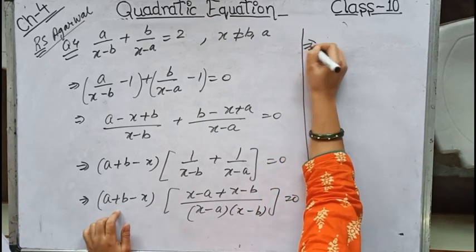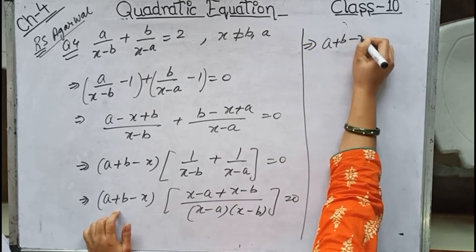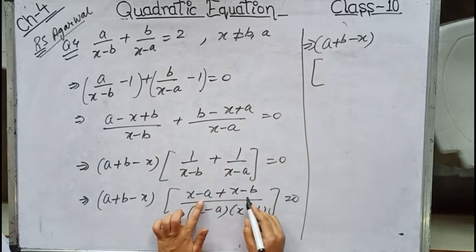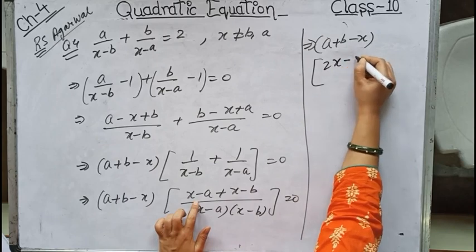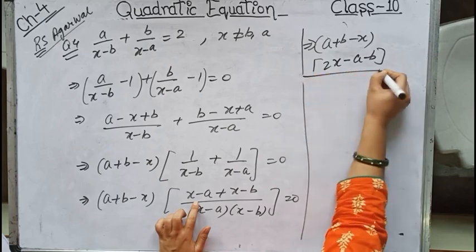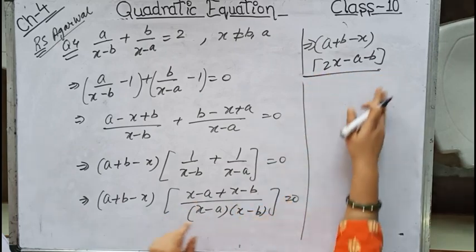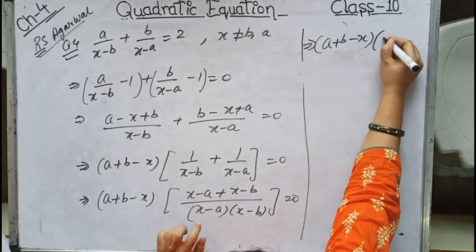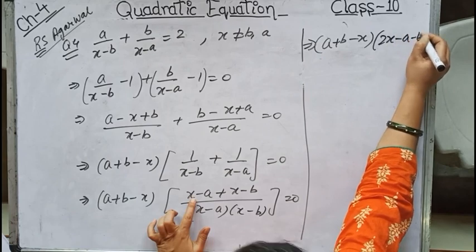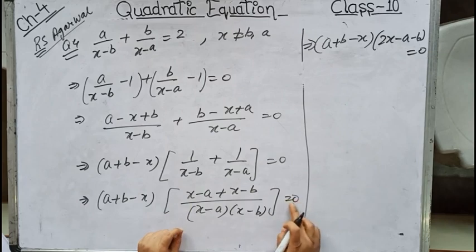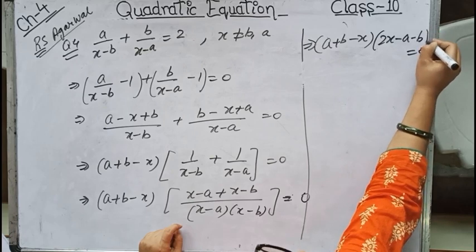Now I can write this as (a plus b minus x), and the next bracket, will anything be cancelled? No. So (2x minus a minus b), and divided by, whatever is divided will become 0, so this denominator goes to the RHS, is multiplied with 0 and becomes 0. So (a plus b minus x)(2x minus a minus b) equals 0.